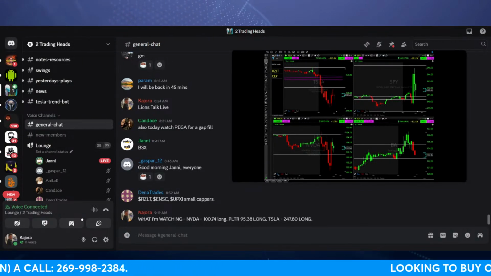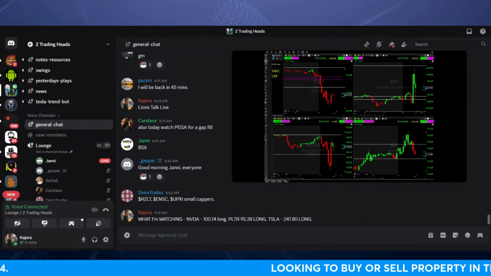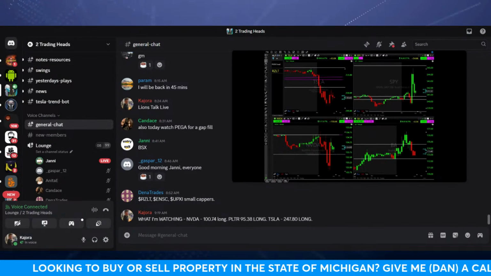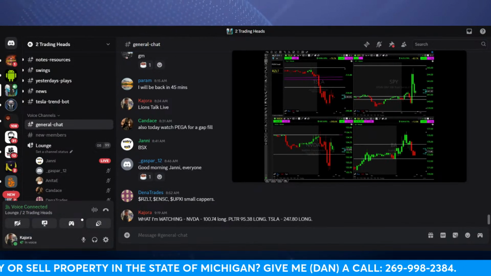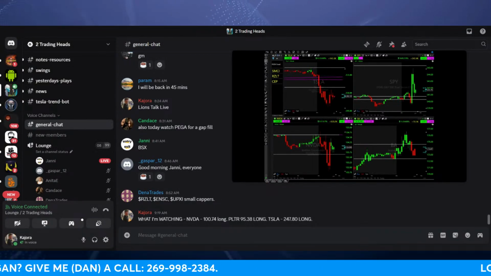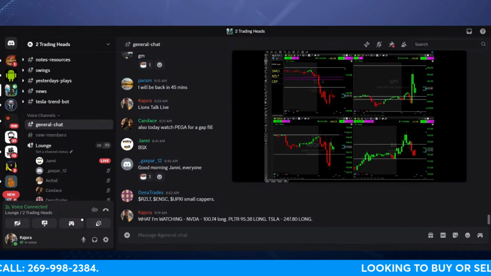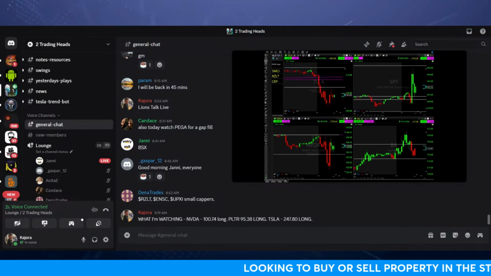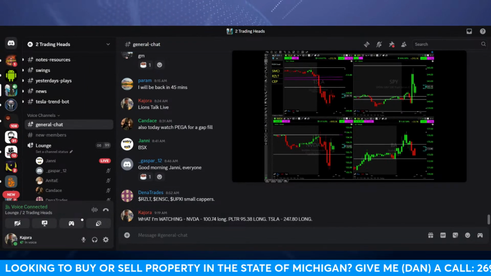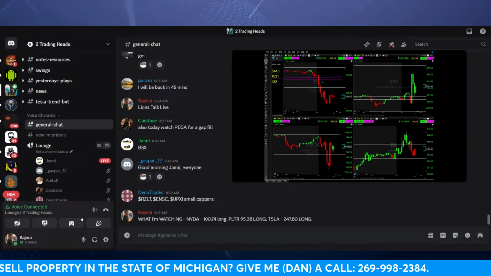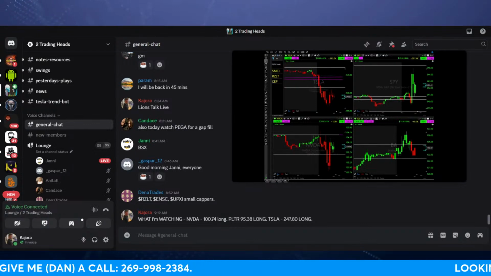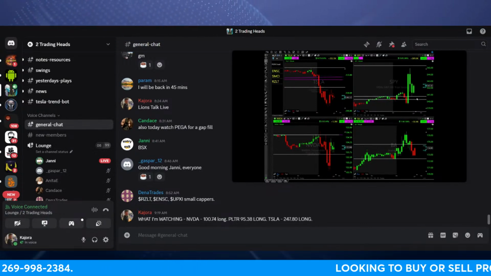All right, BA coming down to the next level of support here. You want to break and pull on BA. Need to break that support line now. Look how SPY came down to support and holding that support line.